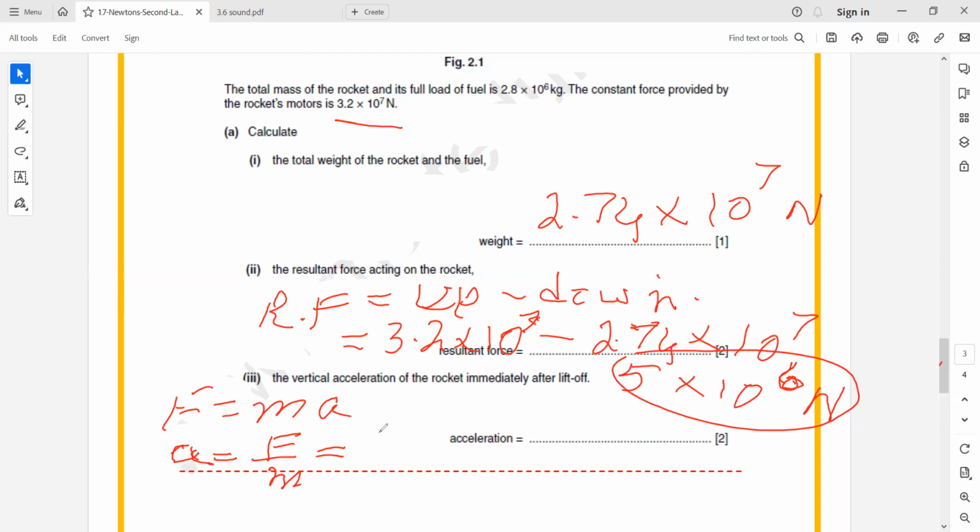F is what you have found, 5 times 10 raised to 6, and the mass was given, 2.8 times 10 raised to 6. When you solve it, this will be cancelled out, and when you divide 5 by 2.8, you will get 1.78 meters per second squared.